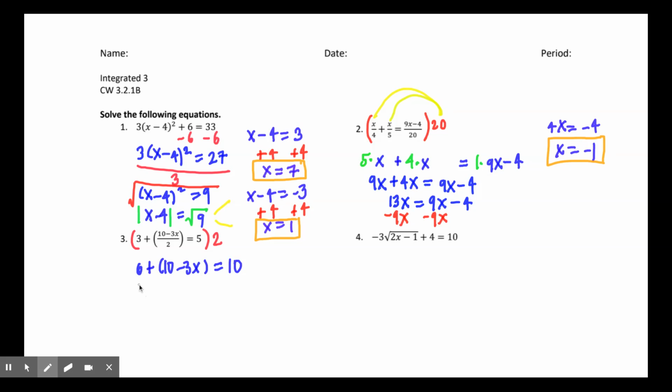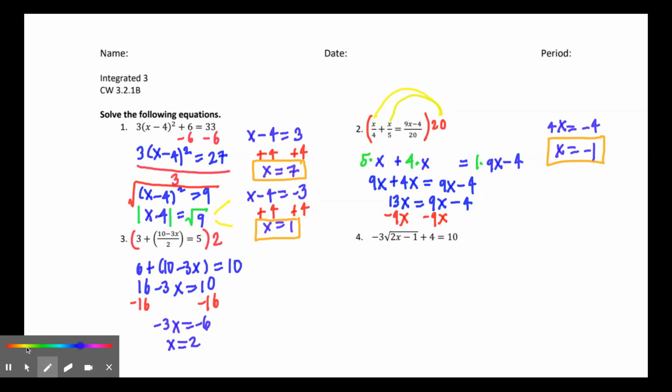And then that's 16 minus 3x equals 10 when you combine the 6 and the 10. And then subtract 16 from both sides. And then you get negative 3x equals negative 6. So you get x equals 2.